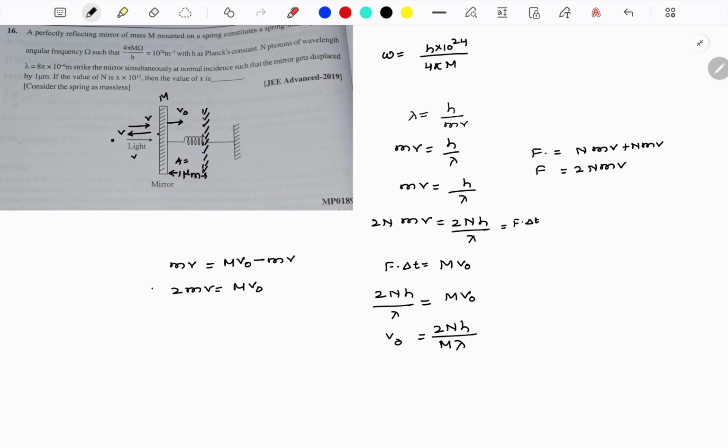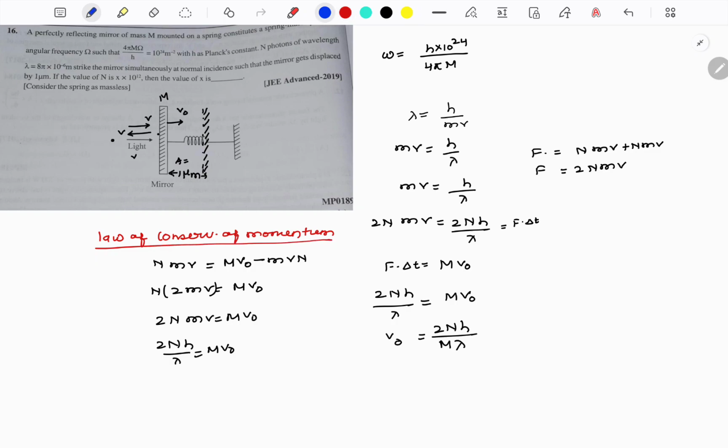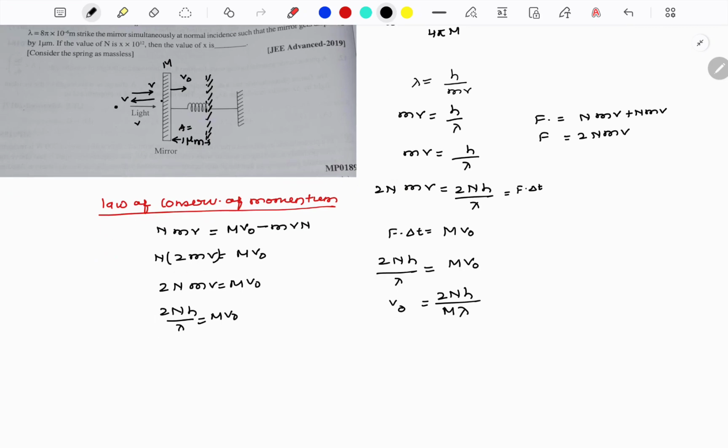And since n photons are striking, you multiply n, so 2n mv is equal to capital M v naught, where mv you can put as h by lambda. This is the law of conservation of momentum. That's much better, because many students know how to apply the law of conservation of momentum in the case of collision rather than impulse.